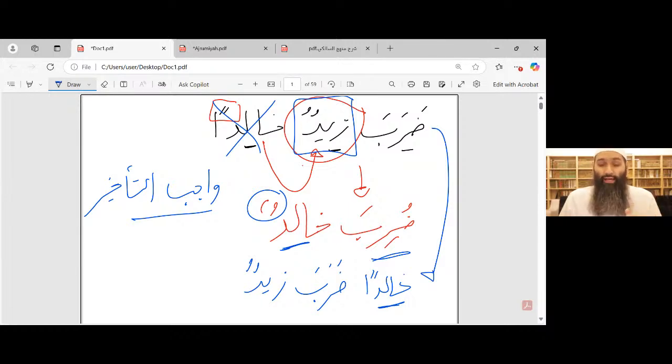So now the third hukam here is what? The first hukam was it must be marfu' now. The second hukam was wajib ta'khir. The third hukam is it cannot be omitted anymore. The na'ib al-fa'il cannot be omitted, just like the fa'il cannot be deleted.